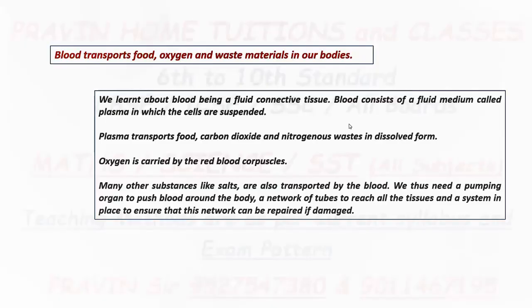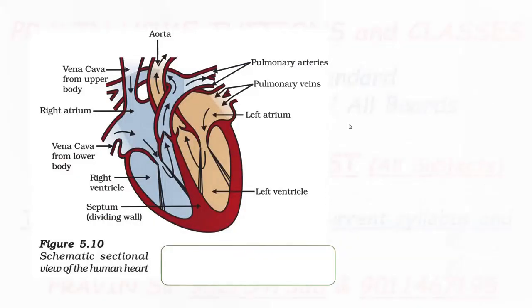And sometimes if this circulatory network is damaged, it should be repaired automatically. This organ which pumps the blood is known as the heart. The heart is a muscular organ which is as big as our fist.